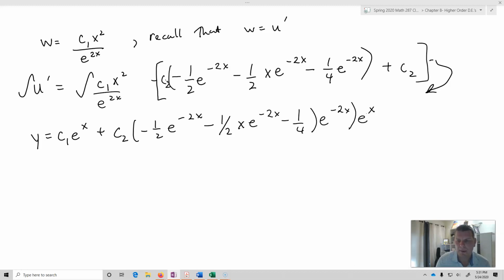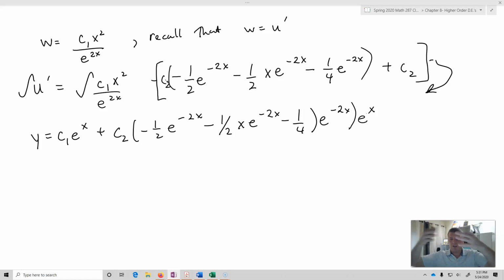So that's actually how we go about finding it. It's very much a process. I'm going to do another example in just a second. What that process entails is, first, I'm going to posit a solution, u times the solution that I already have. Then I'm going to plug that in so that I can solve for u.